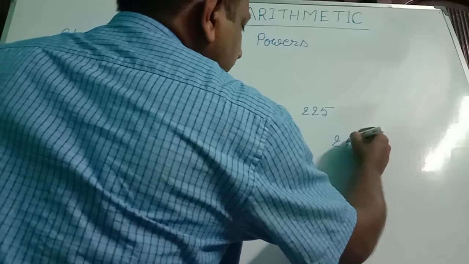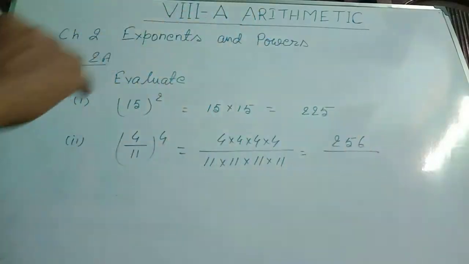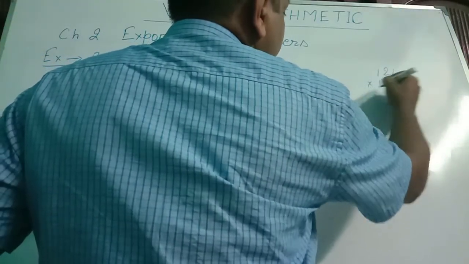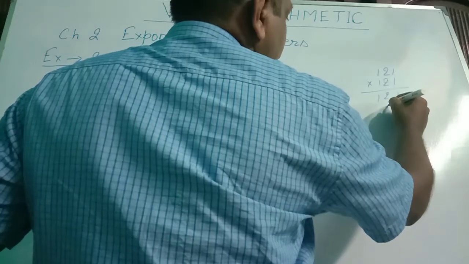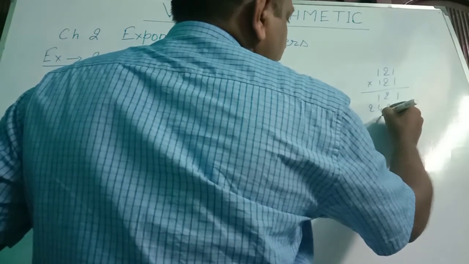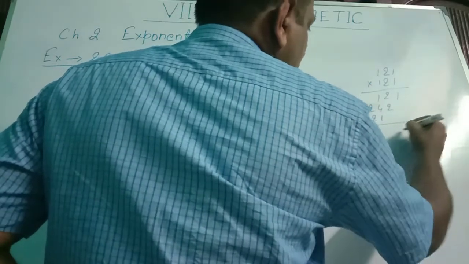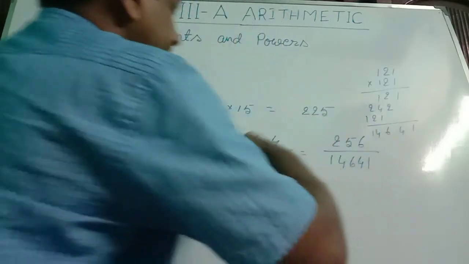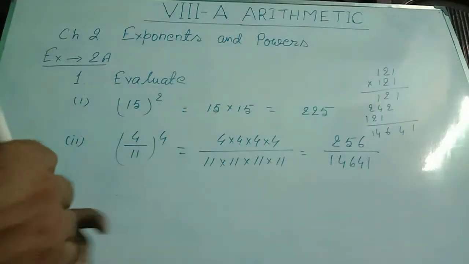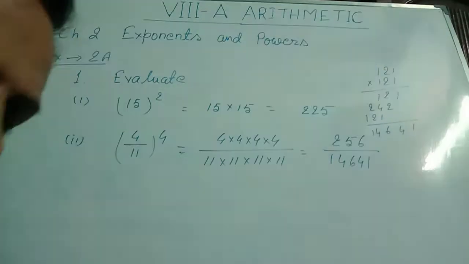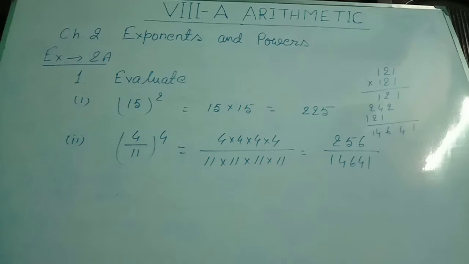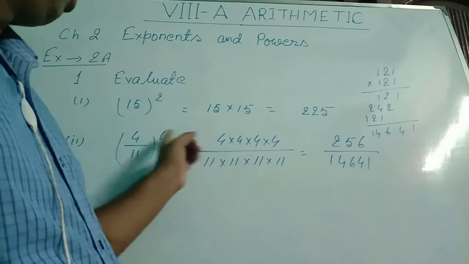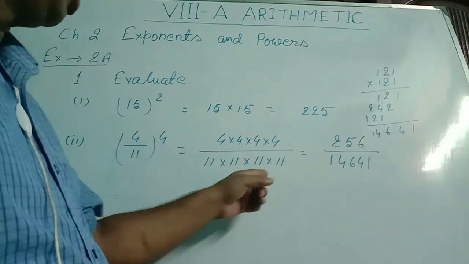This multiplication of numerators became 256 and denominator will be 121 into 121, that is 14641. 4 by 11 to the power 4: 4 will be multiplied 4 times, 11 will be multiplied 4 times.